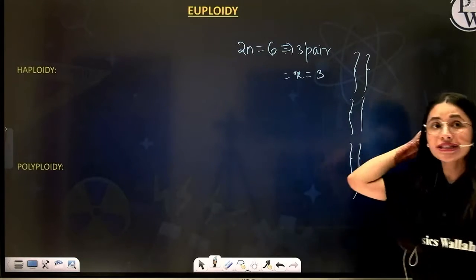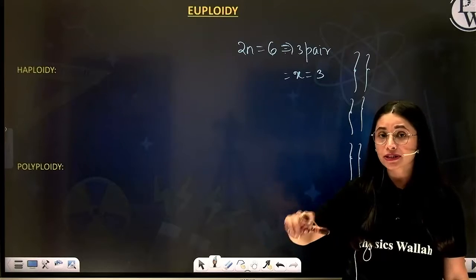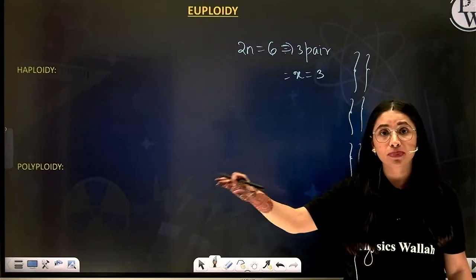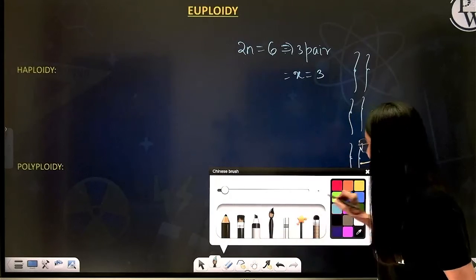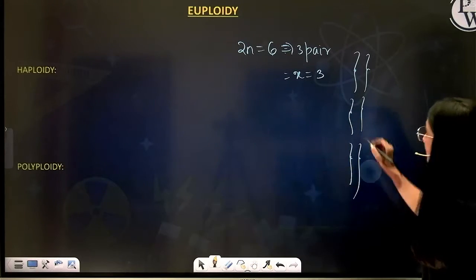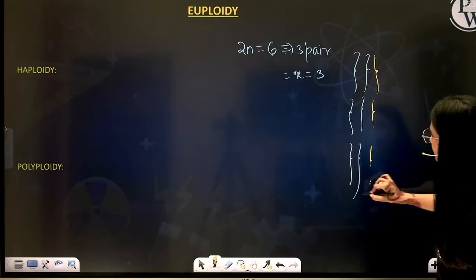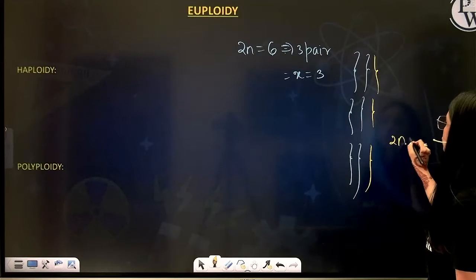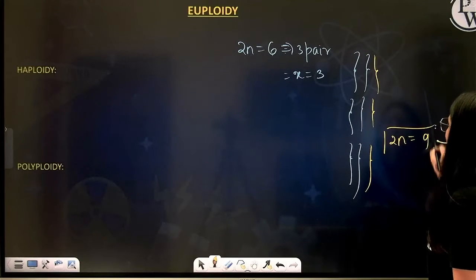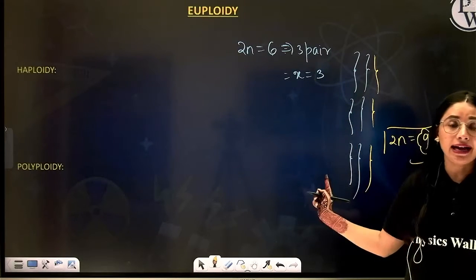Now suppose change, maybe either addition or deletion, is taking place with respect to the multiples of basic set. That means if addition of chromosome has to take place, then one complete set has to get increased like this. Right? So number of chromosome will become 2n is equal to 9. Again in multiples of basic set. 3 3s are 9. Correct?